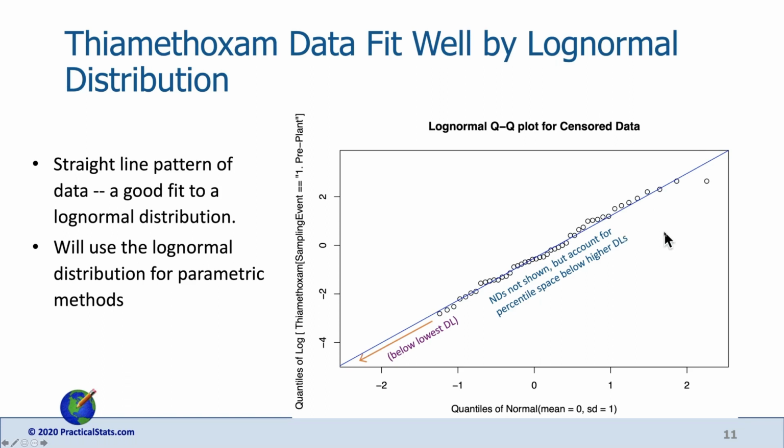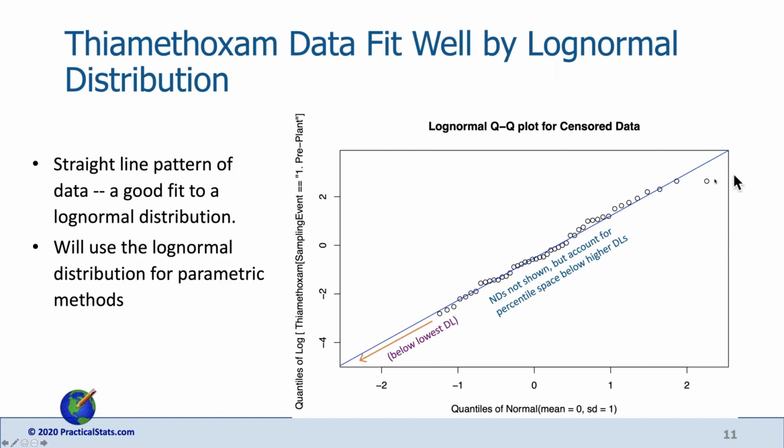These plots come from one of the webinars that's up on our training site called Fitting Distributions to Data with Non-Detects. So here, it only had non-detects at the low end, and so it had the first certain percent. I forget what that percent was now. And then all the detects are up here, and you can see it matches pretty well the blue line. So this is going to be something that looks a lot like a log normal distribution.